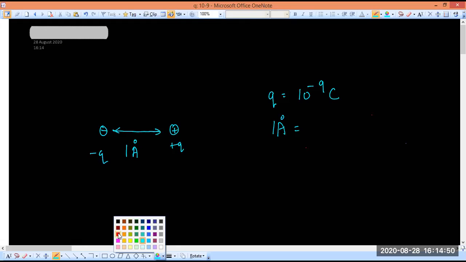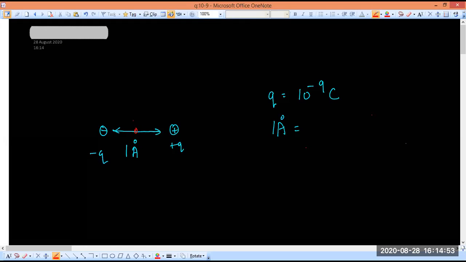And if I take 4 points, C at the center of this dipole, B over here at a distance of 1 meter, and A over here at a distance of 1 meter, and D over here at a distance of 1 meter.